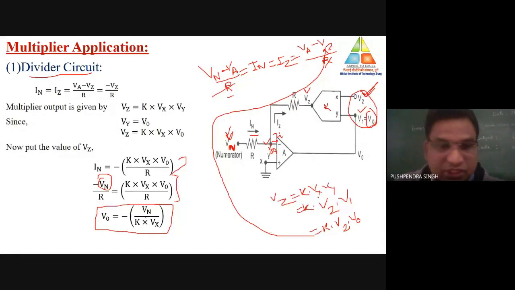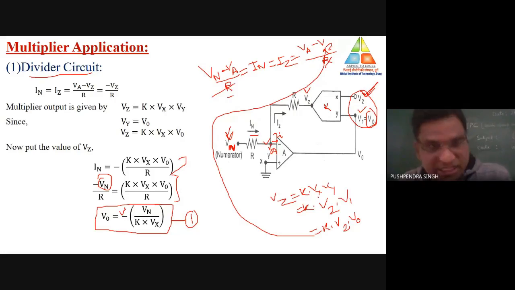So this is the value of output. But what you need to take care of whenever you are designing the multiplier is that you always need to choose the value of input voltage negative. Only when the input voltage is negative will this negative sign be converted into positive.